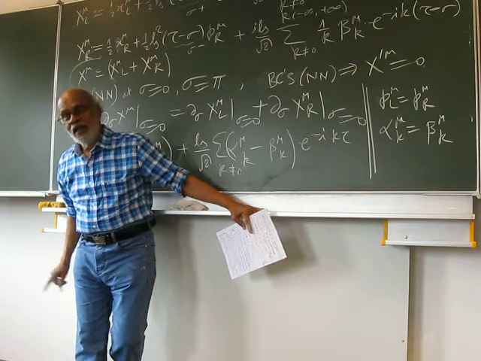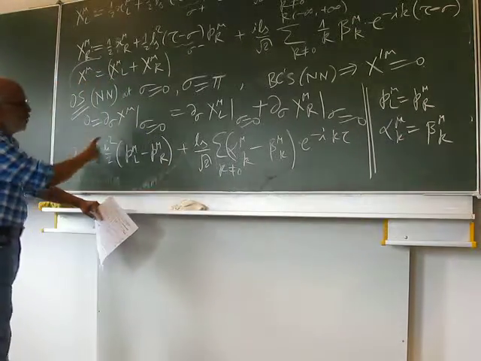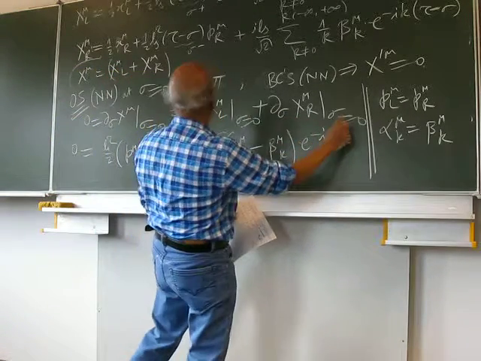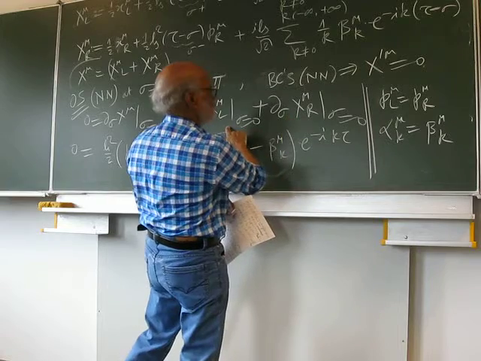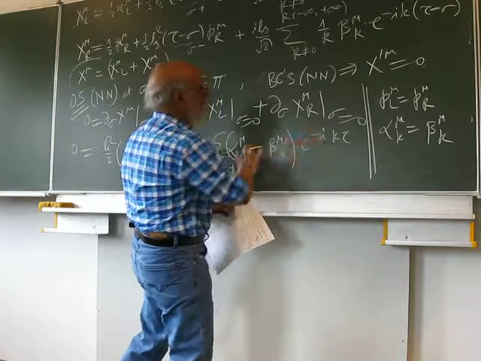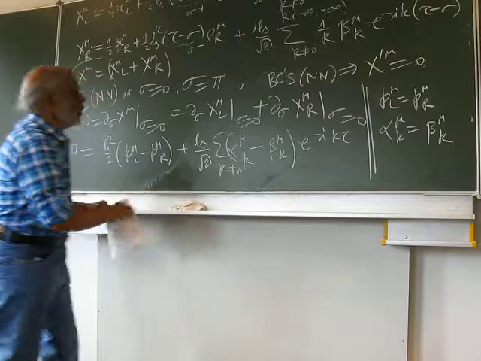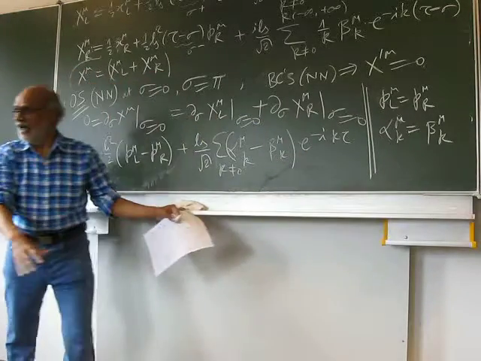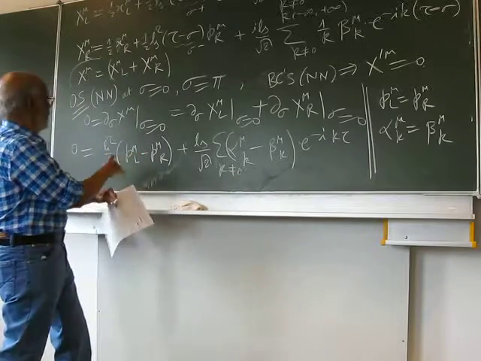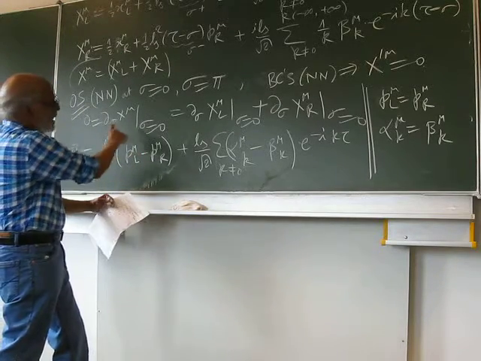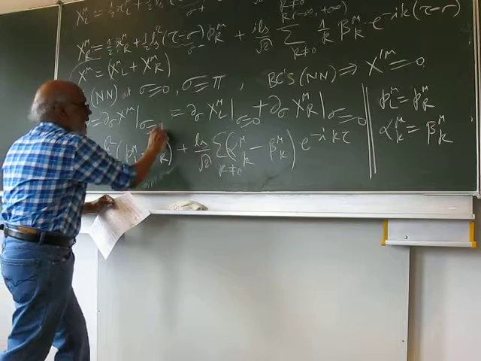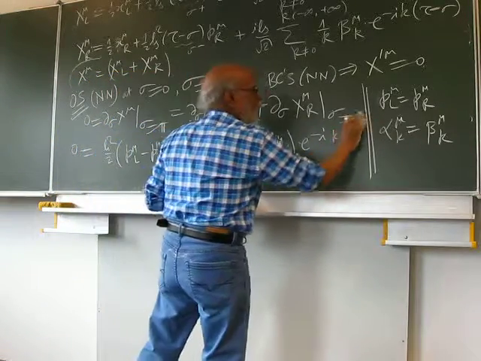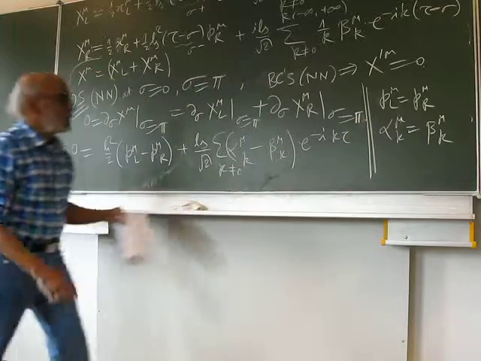Okay. Now, when you apply this condition at this point, I have written at sigma equals to 0. Right now I am doing it at sigma equal to 0. Alright. Now, I would like it to vanish at sigma equals to pi.